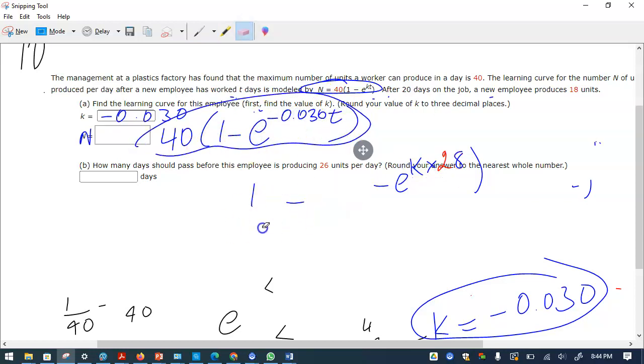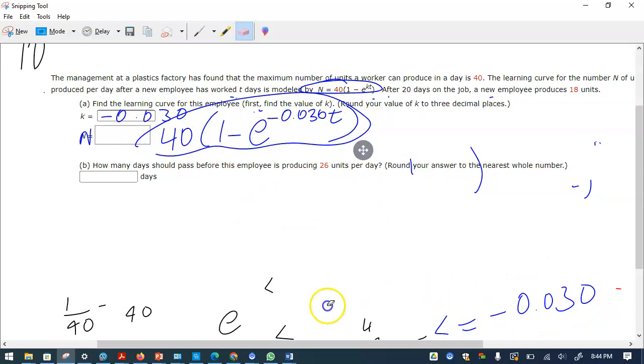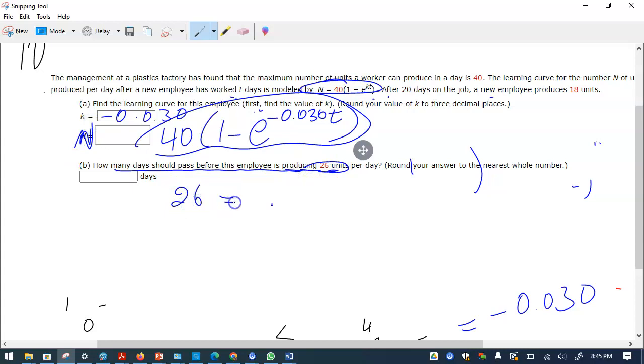Now the next question is asking how many days should pass before this employee is producing 26 units. That means they gave you N, so it is 26 equals 40 times (1 minus e raised to minus 0.030t).